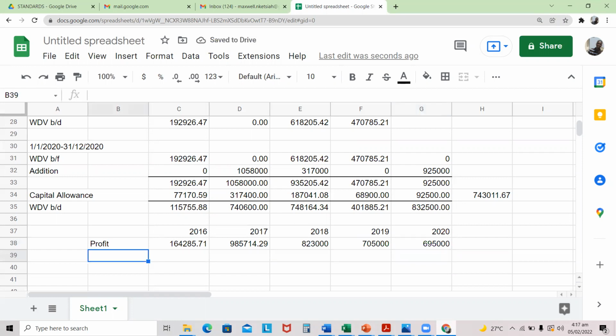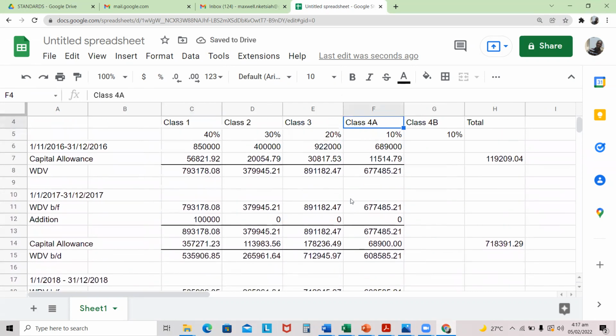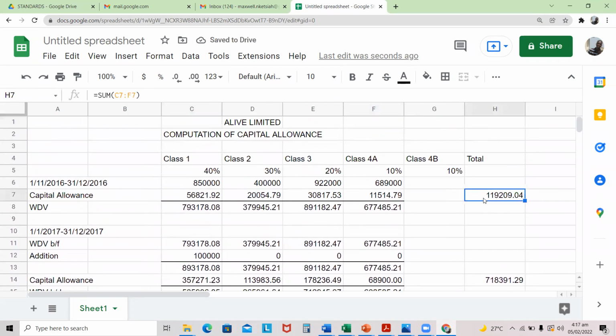Okay. So then after the profit, you add your capital allowance for all the years. So what was the capital allowance in 2016? Is this amount?